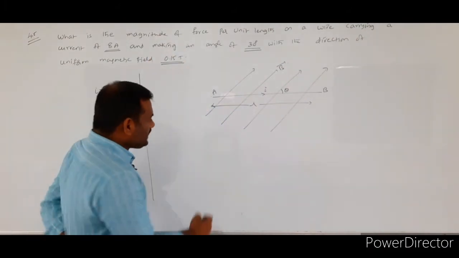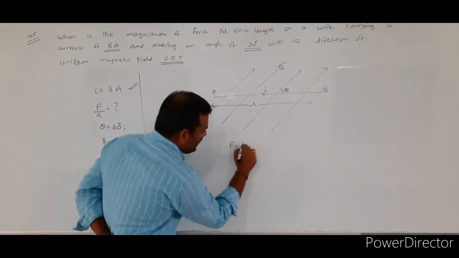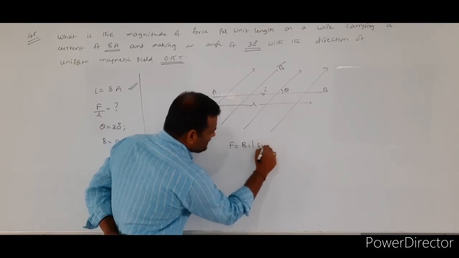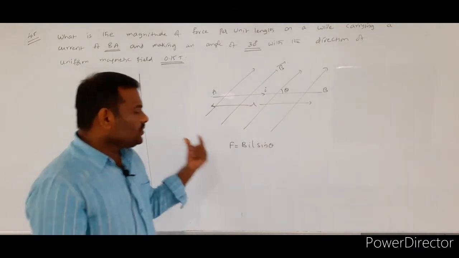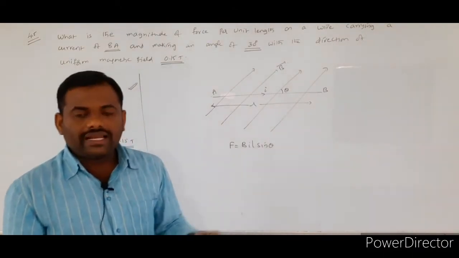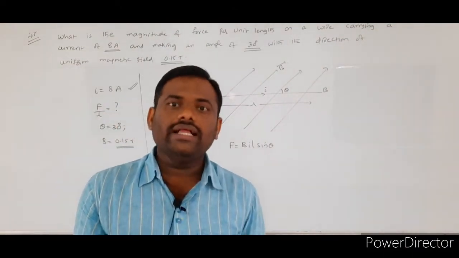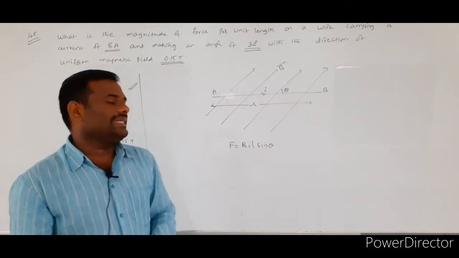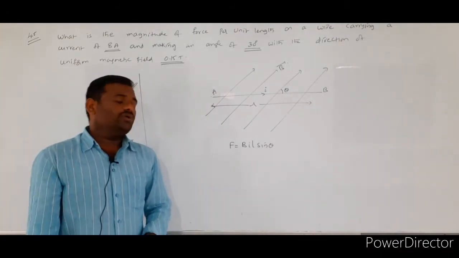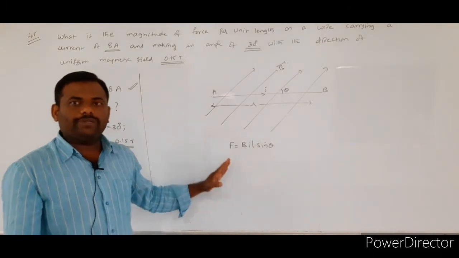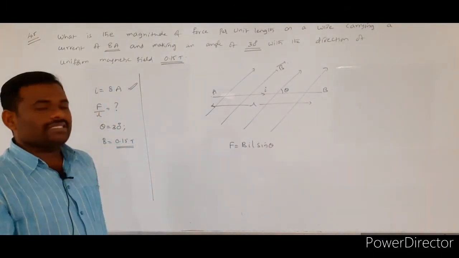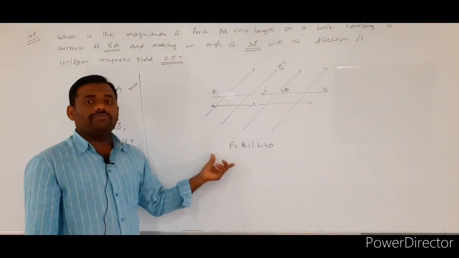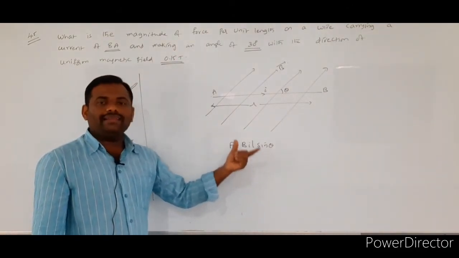So what is the general expression for the force? F is equal to B I l sin theta. This is the formula whenever a current carrying conducting wire is placed in a uniform magnetic field, so the required formula for the force experienced by the given conductor is F is equal to B I l sin theta.